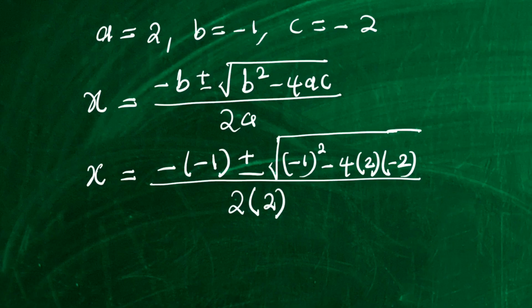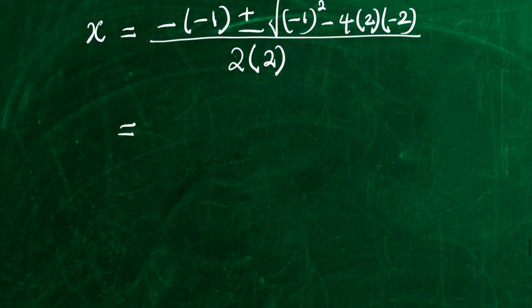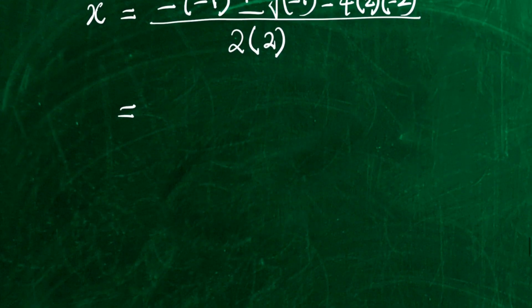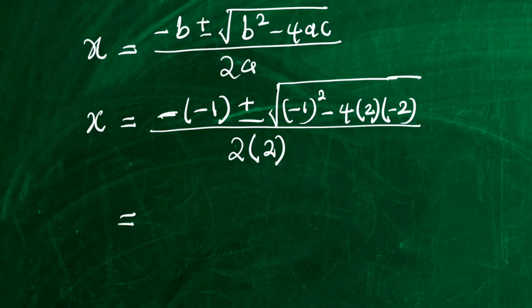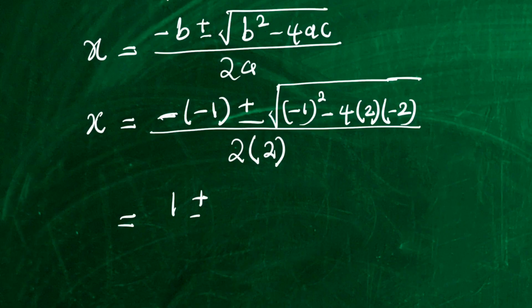Okay? So let us go ahead and simplify. You realize that negative multiplied by a negative number is 1, then plus or minus the square root. The square of negative 1 squared is just 1.